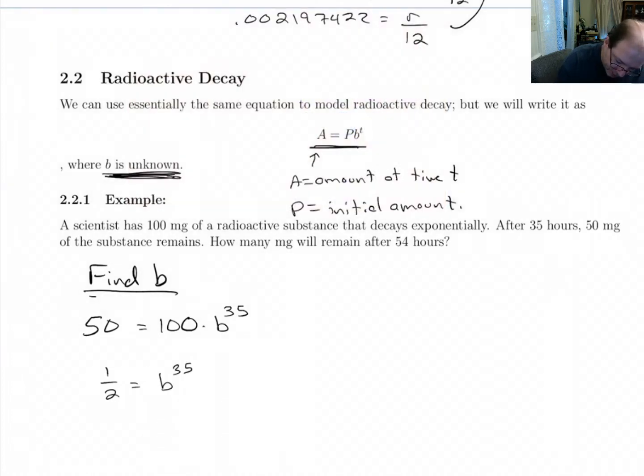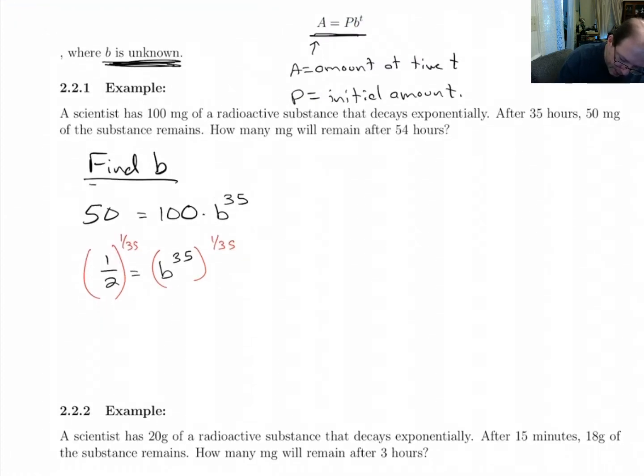Now to solve this, raise both sides to the 1/35 power. So I get B is equal to, on my calculator, 1/2, that is 0.5, raised to the, there's several ways I can do this.